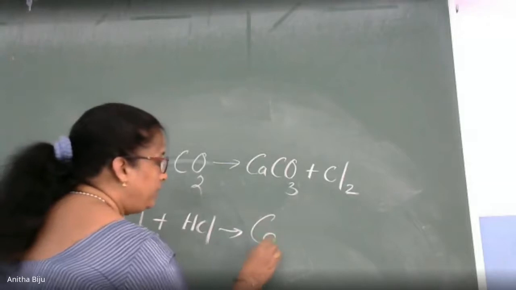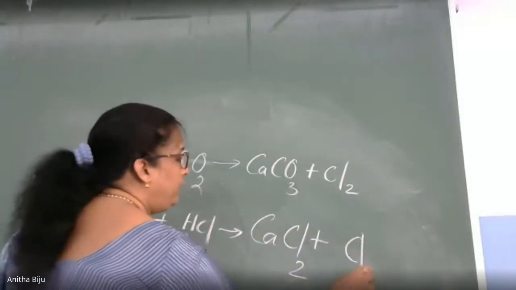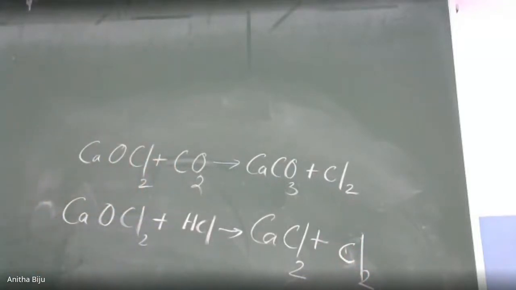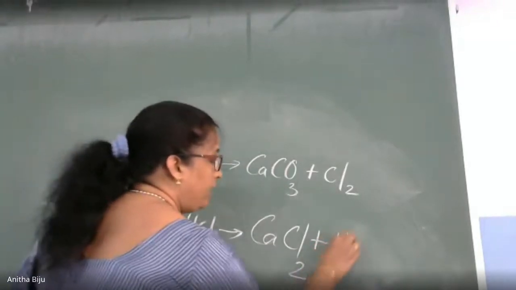The major product is calcium chloride and the other product is chlorine. Calcium chloride, wait, not Cl2, wait. It is HCl, hydrochloric acid. Now we can balance the equation. CaCl2, calcium is balanced, but chlorine is not balanced.